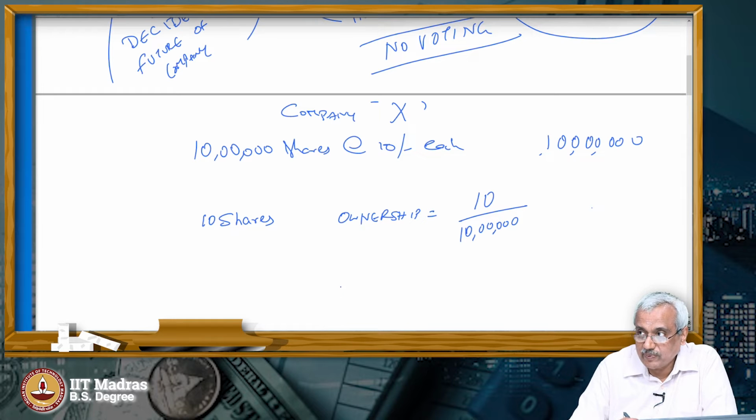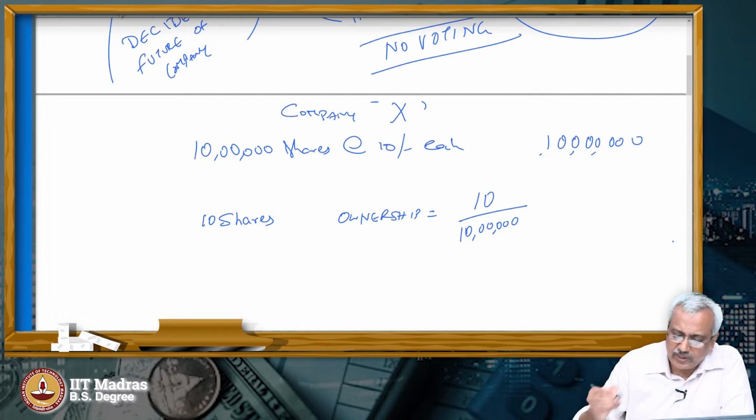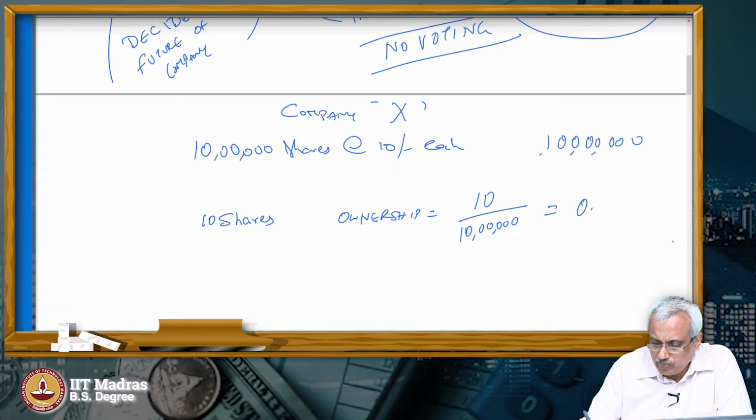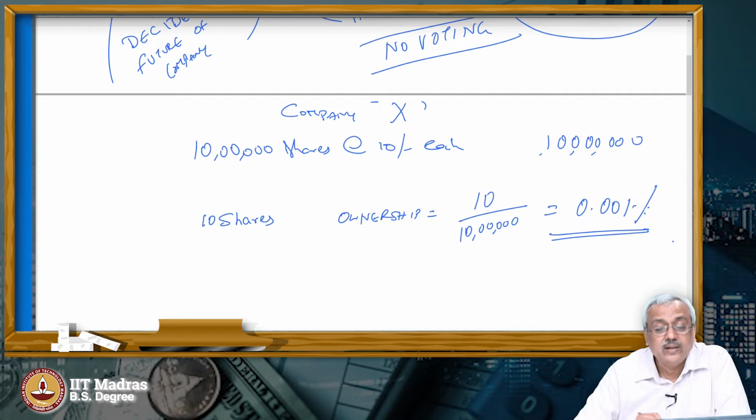You can express it in the form of percentage. What is the percentage? Your ownership will be equal to 0.001 percent. So, what happened? Your ownership is only so much, 0.001%.